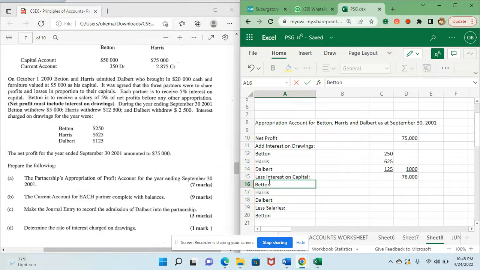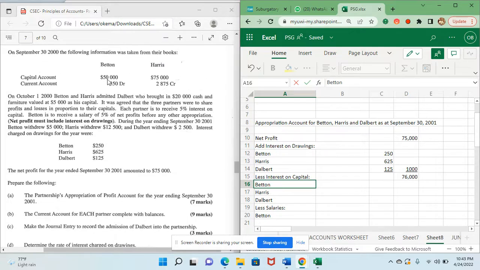Then we have to find our interest on capital. So we go back up into our question. We have our capital account balances. Beton was 50,000, and the interest on capital is charged at 5%. Harris's capital was 75,000, and again, it's the same rate of 5%.